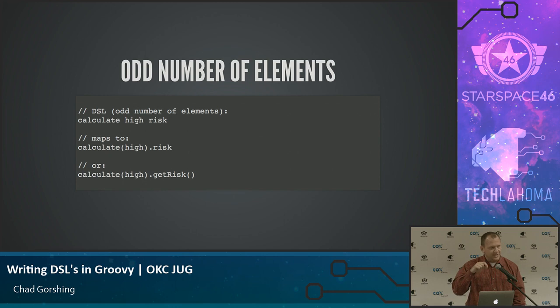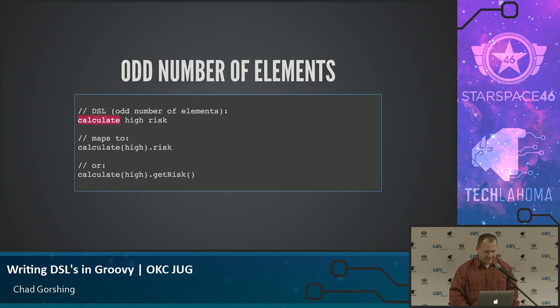Again, with the dot risk, that's a call to actually get risk, which you can see down here at the bottom. So this calculate high risk, you can have something of that sort, but as far as a Groovy call, it gets turned into calculate high, and then whatever that returns back to the caller, of course, you can just call get risk on that.